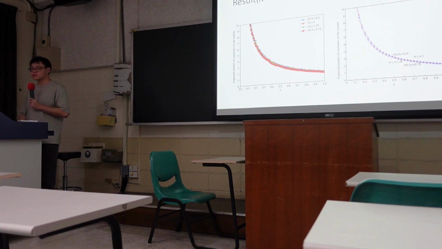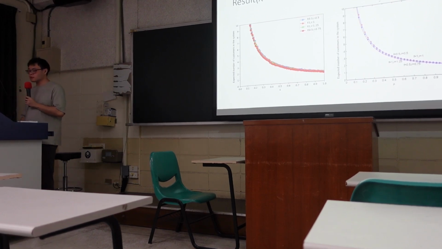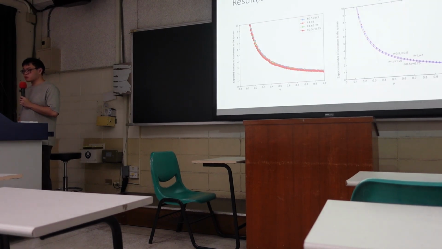And this is the result of the arrival rate lambda equals 1, and we assume that mu plum equals theta plum and mu equals theta.